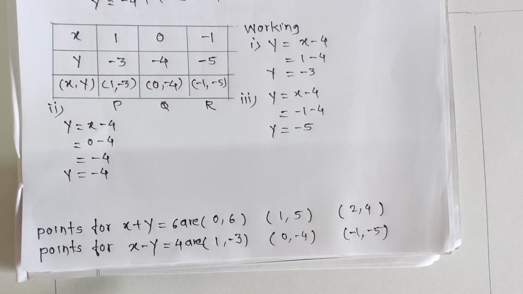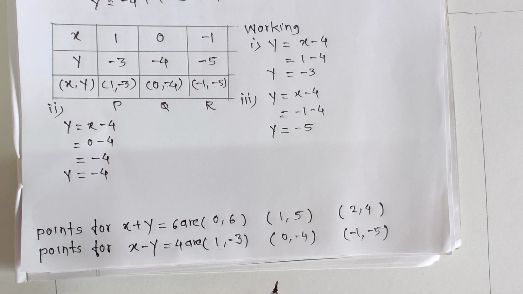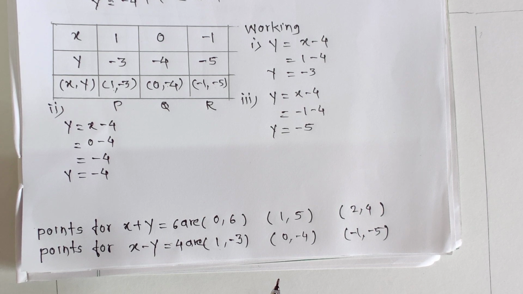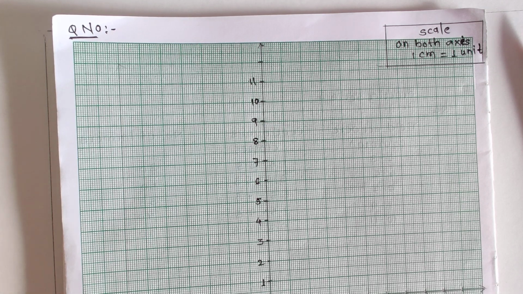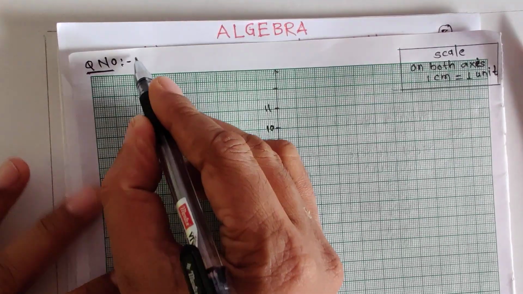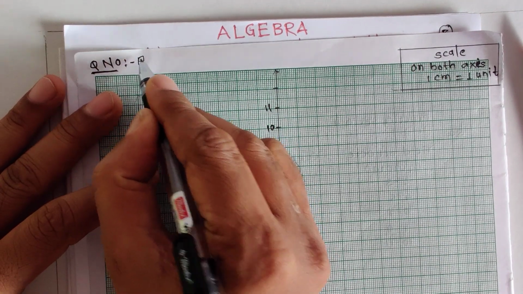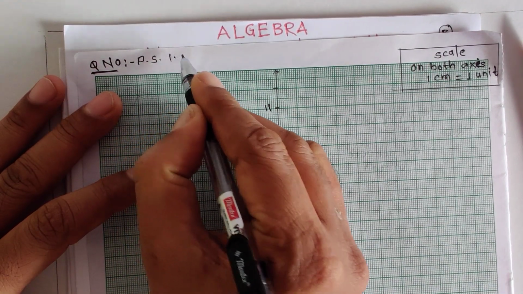Now second thing, we have to plot the graph of these equations. Graph paper is required for this. Here we have taken question number 1 from exercise practice set 1.2.